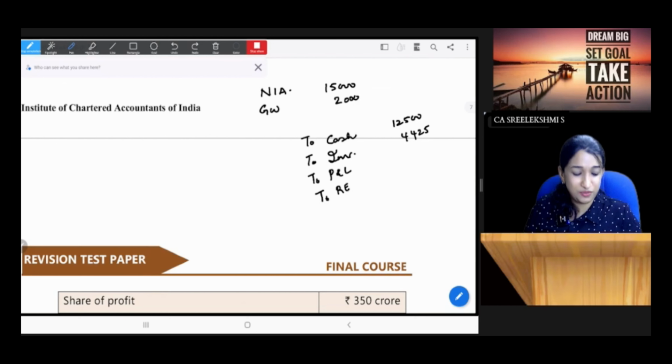Revaluation reserve was how much? 25. So how much is to P&L? P&L, the gain of previously held interest, I forgot the figure, 75, and exchange gain of 50, must be 125. So is it tallying? 12,500 plus 4,425 plus 125 plus 25.